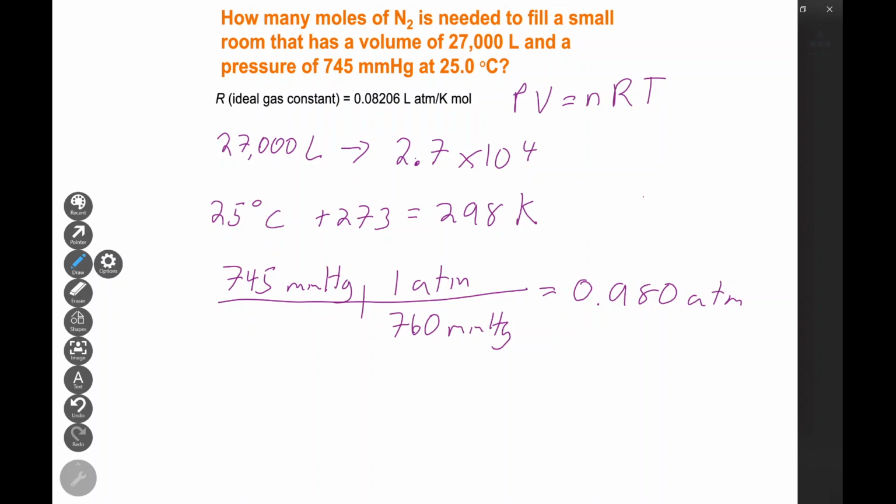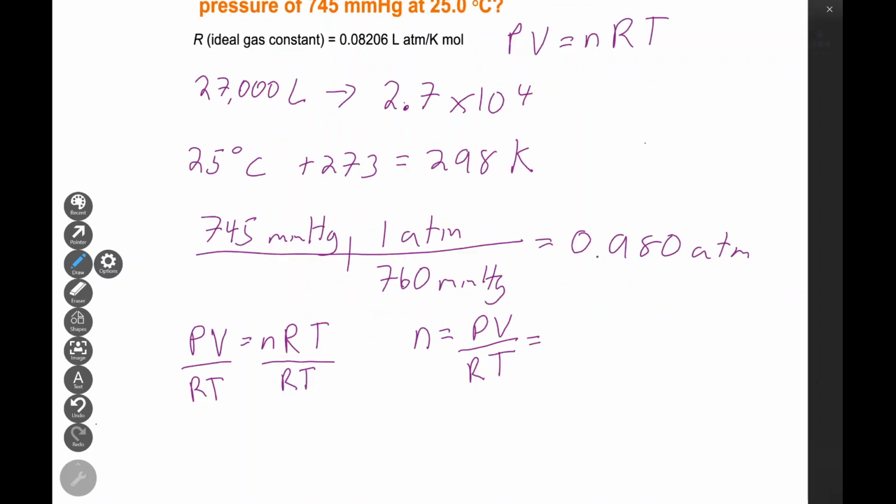Remember that in 1 ATM there's 760 millimeters of mercury. So this gives about 0.980, just under 1 ATM.